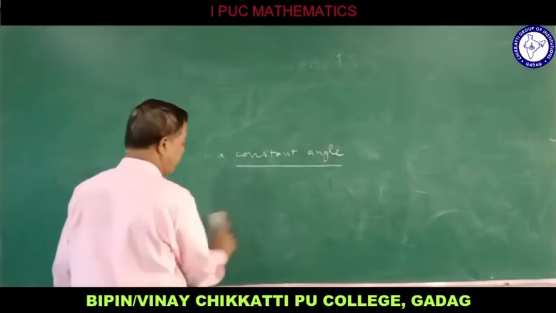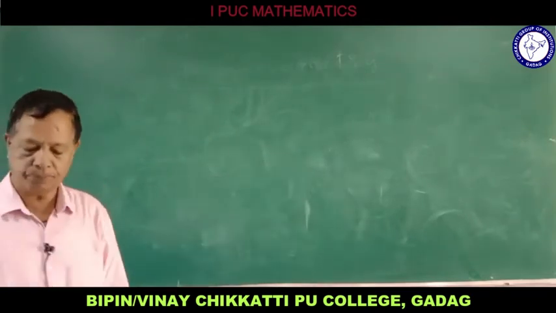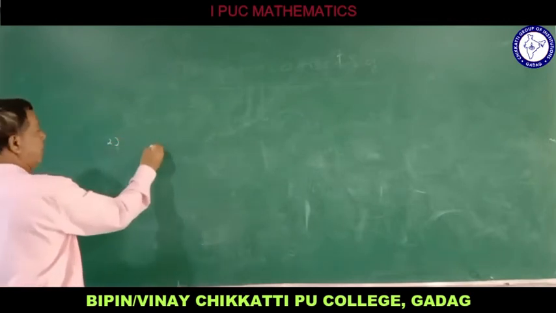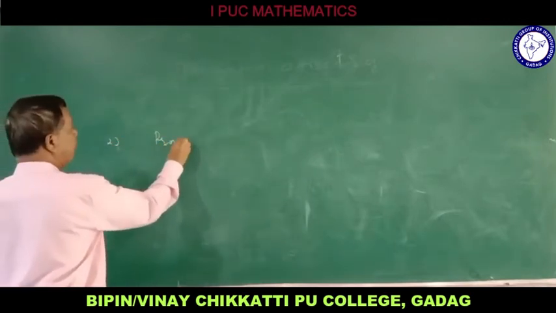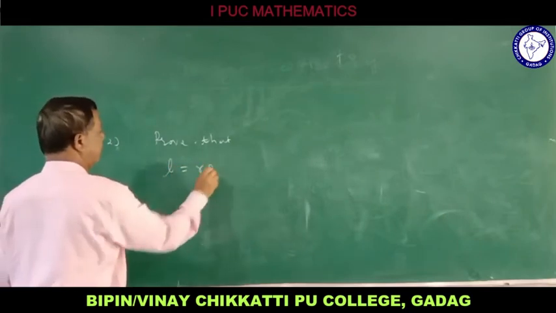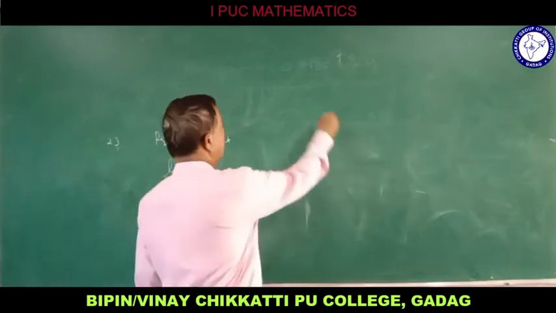This is one result. And the second result I want to tell: with the usual notations you can prove that L is equal to r theta. With the usual notations means what? Suppose you take a circle.